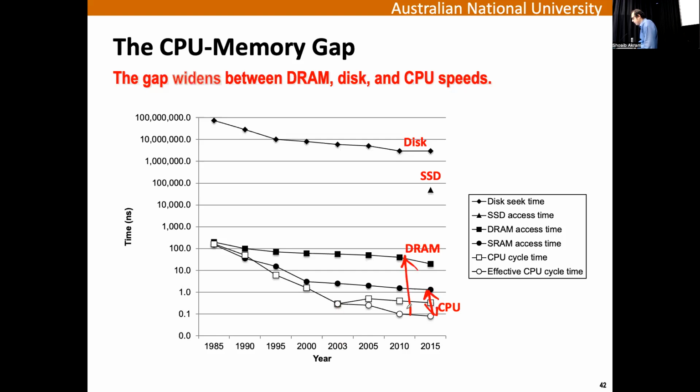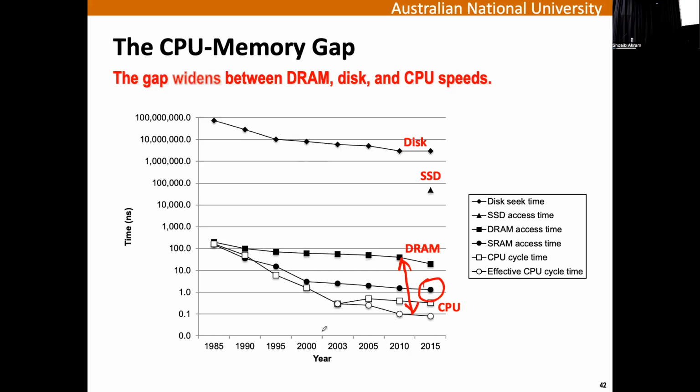Between DRAM and CPU there is still a lot of gap, and between SSDs and disk, the gap is really very wide. But if you want capacity, you don't get capacity from SRAM. SRAM is really expensive. If you want capacity, you have to go to DRAM.